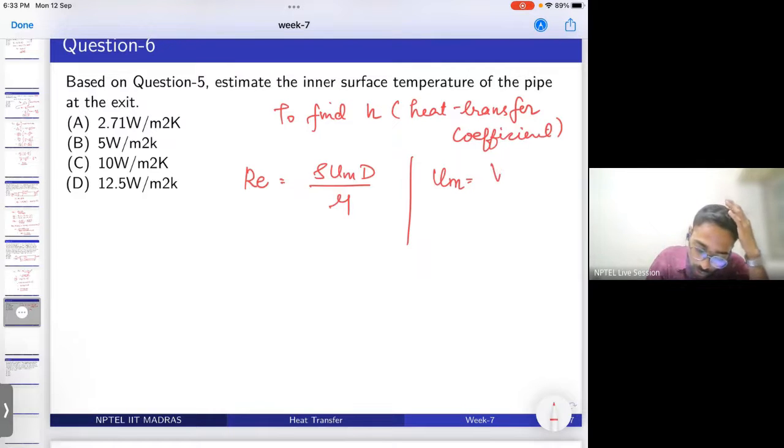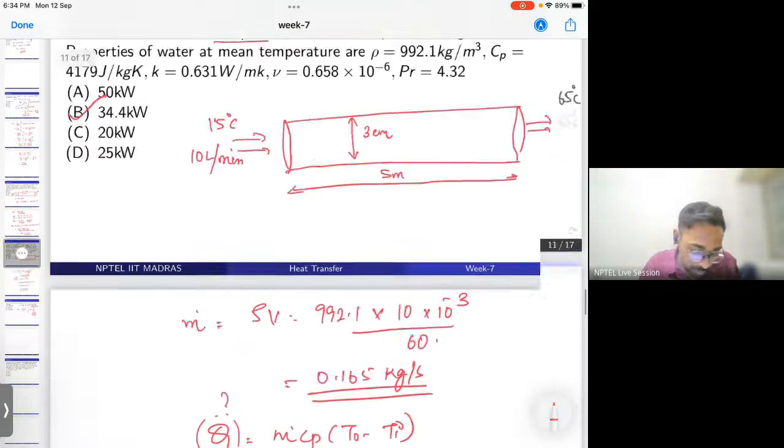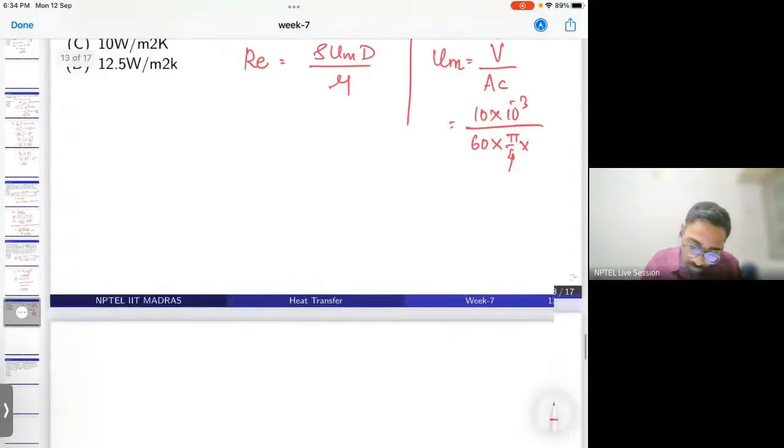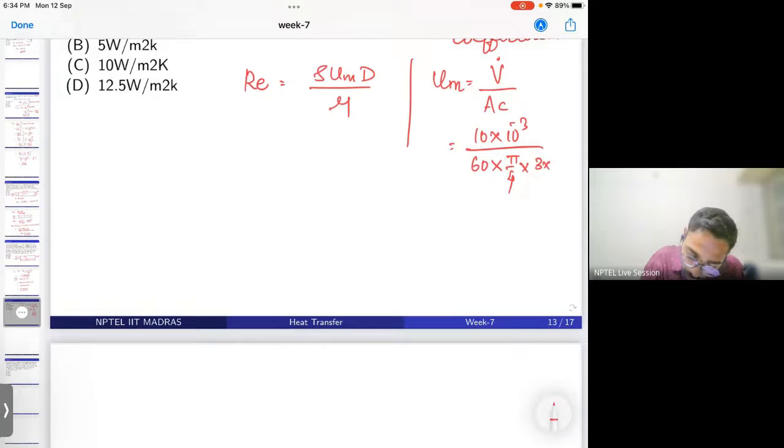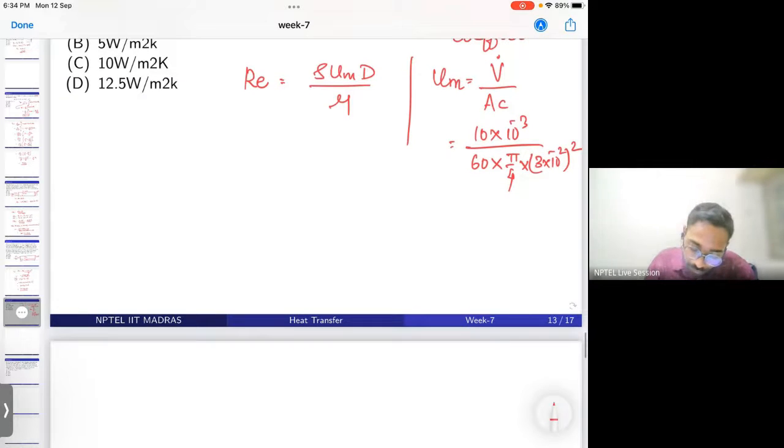First we need to find out what is u mean, the mean velocity. That is the volume flow rate divided by the cross-sectional area. The volume flow rate is 10 into 10 raised to minus 3 divided by 60, and the cross-sectional area is pi by 4 into (3 into 10 raised to minus 2) the whole square. If we calculate this, we will get 0.235 meter per second. This is the mean velocity of flow.